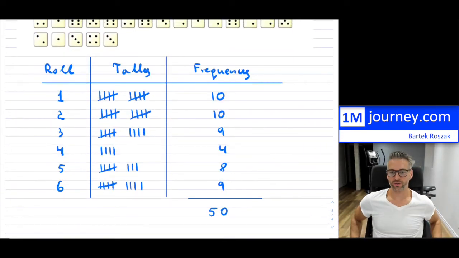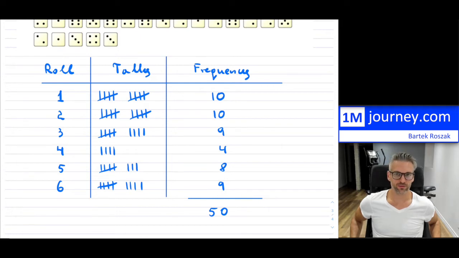All right, so I'm back, and you see here I have done the tallies. There are 50 rolls, and I had 10 ones, 10 twos, 9 threes, only 4 fours, 8 fives, and 9 sixes.